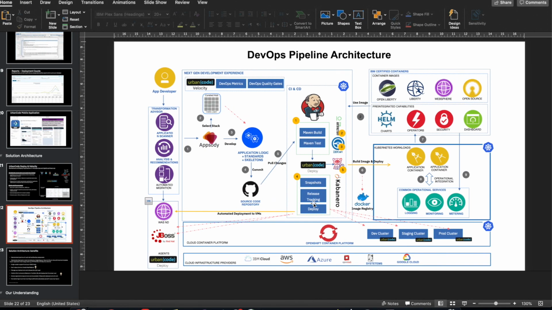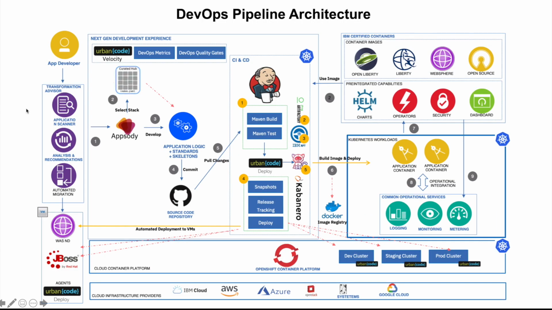If I show you this architecture here, it describes the steps of a DevOps pipeline within an organization that has VMs, traditional environments, as well as a container platform like OpenShift.